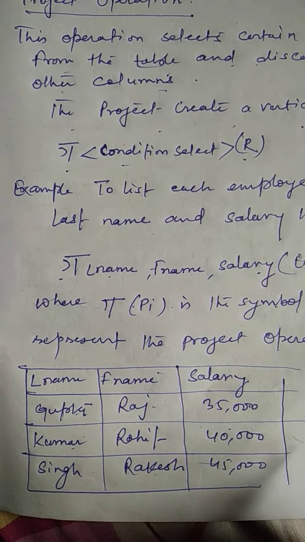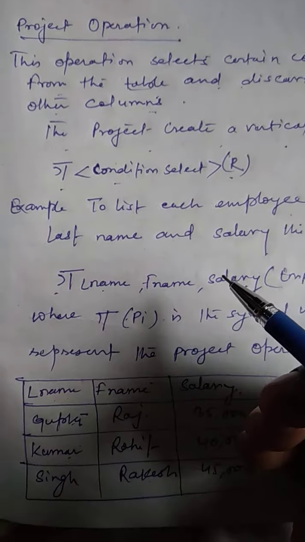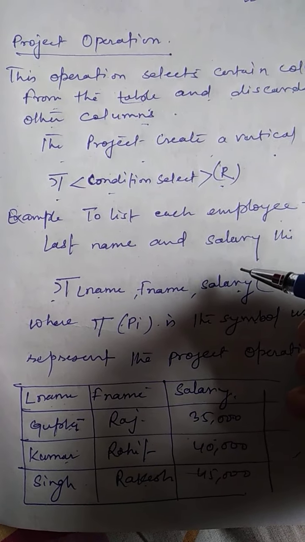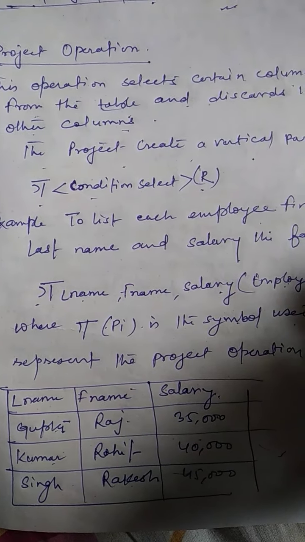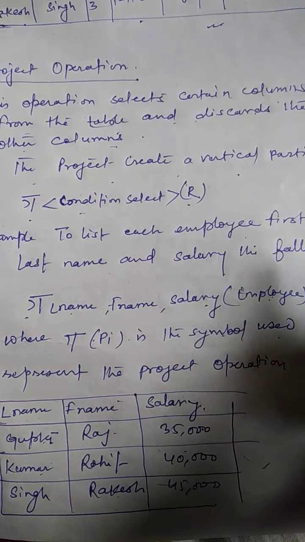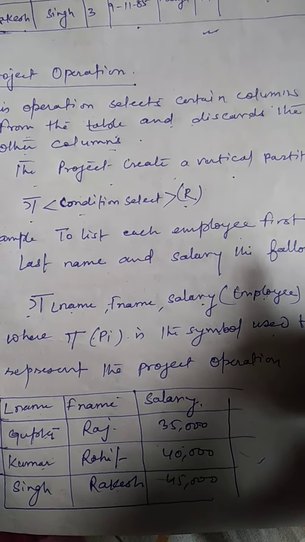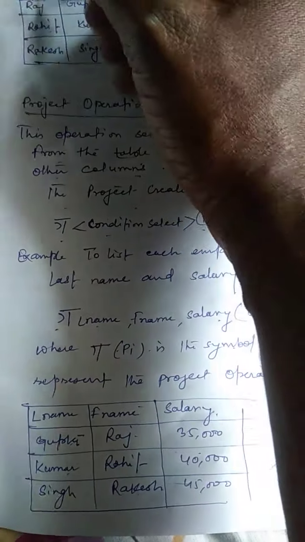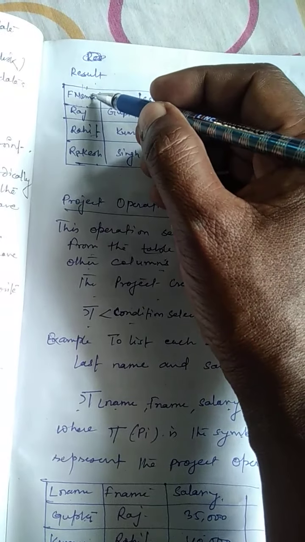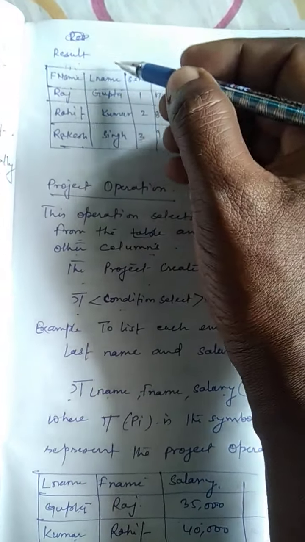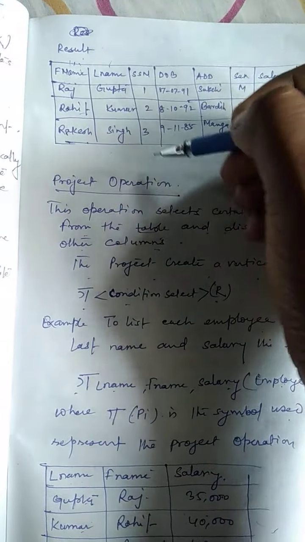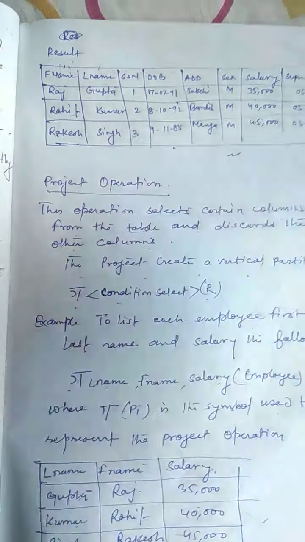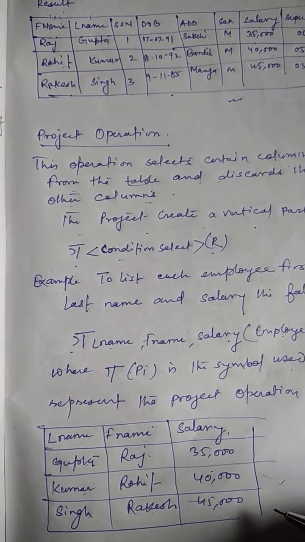It is the result of the project operation. Project operation selects only attributes, and the project creates only a vertical partition. This is vertical, and horizontal is this. It is the result of the project operation.